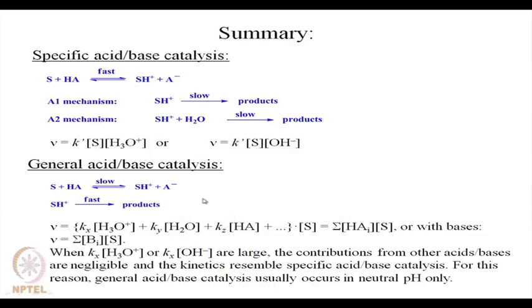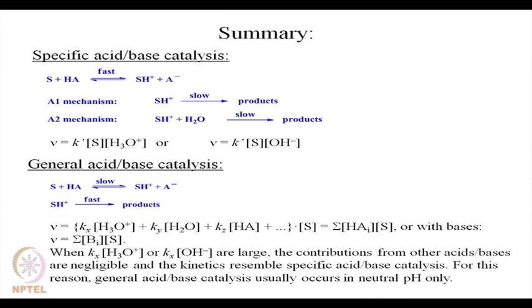So you can convert a general acid base catalysis to a specific acid base catalysis by taking your base or your acid to a large extent. If you make their contribution large, then the contribution from water, from HA, or from A minus becomes negligibly small, and the situation gets converted from general to specific.